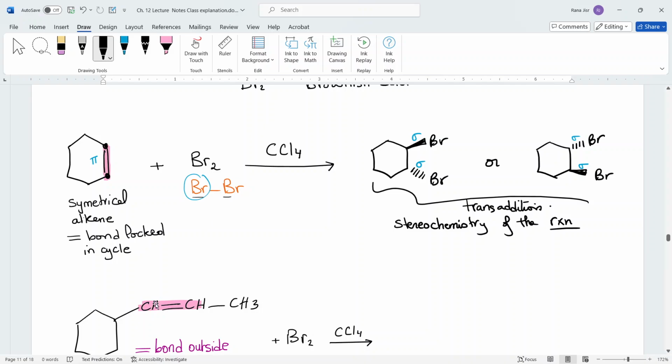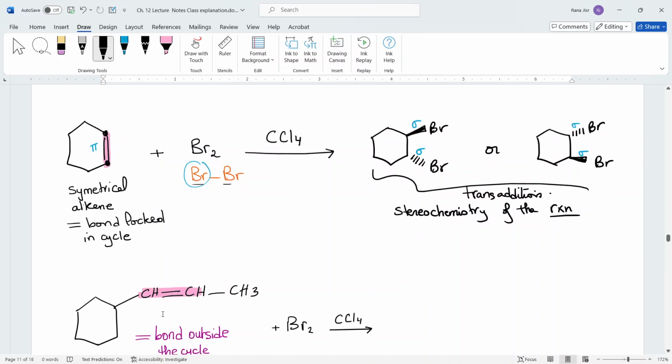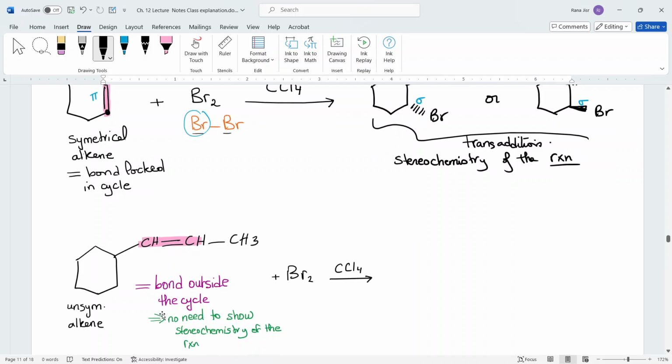Now, if the alkene belongs to a chain instead of a cycle, then in this case, the double bond is outside the cycle. So if the double bond is outside the cycle in there, my product is going to look like this, because I will be adding a bromine here and a bromine there, similar, right? But now I have what I can call a rotation around a carbon-carbon single bond.